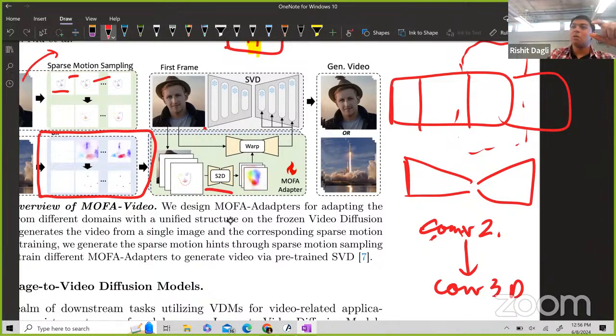One of the most popular approaches is you take a pre-trained text-to-image model. You don't do any training, but you take previous frames, find some way to put them in as conditioning vectors, and then you essentially have a zero-shot way of generating videos from text-to-image models.